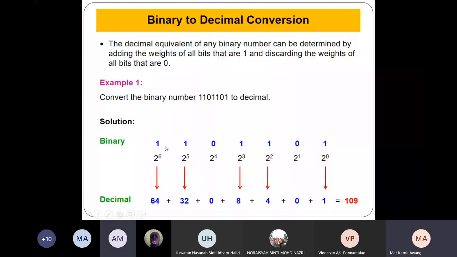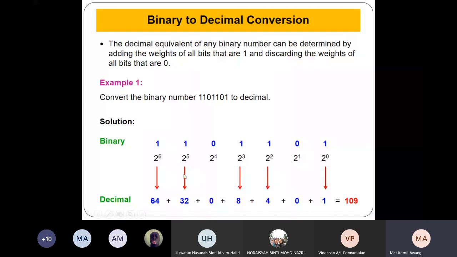This one is 1 multiplied by weight 1. This one you take out, because it's 0, multiplied by anything is 0. Then this one is multiplied by the weightage 2 to the power of 2, which is 4, so 1 multiplied by 4 is 4. The next one is 2 to the power of 3, 8. This one you take out.